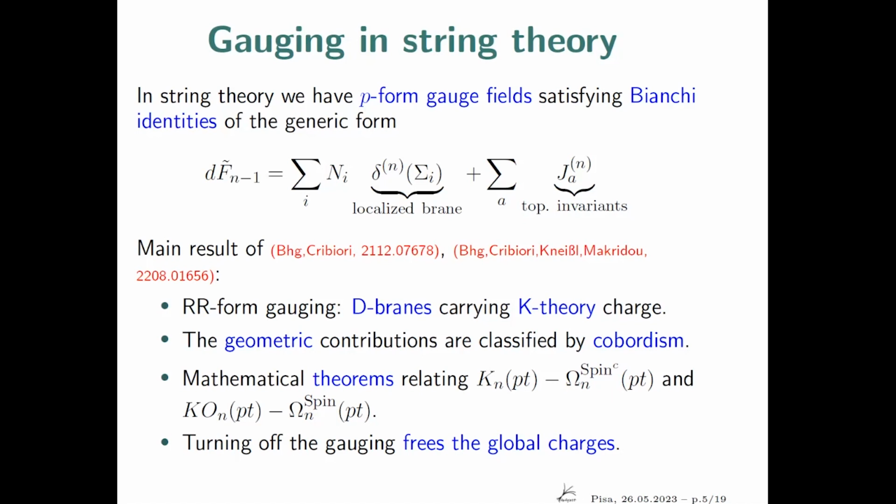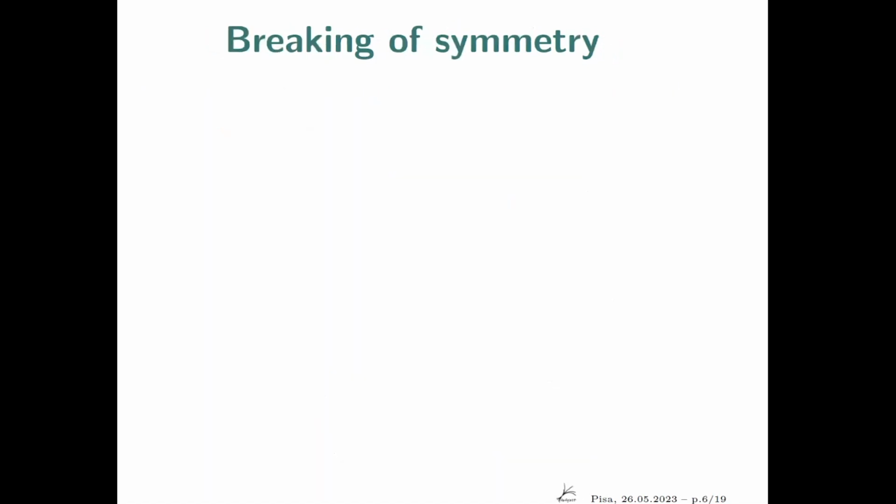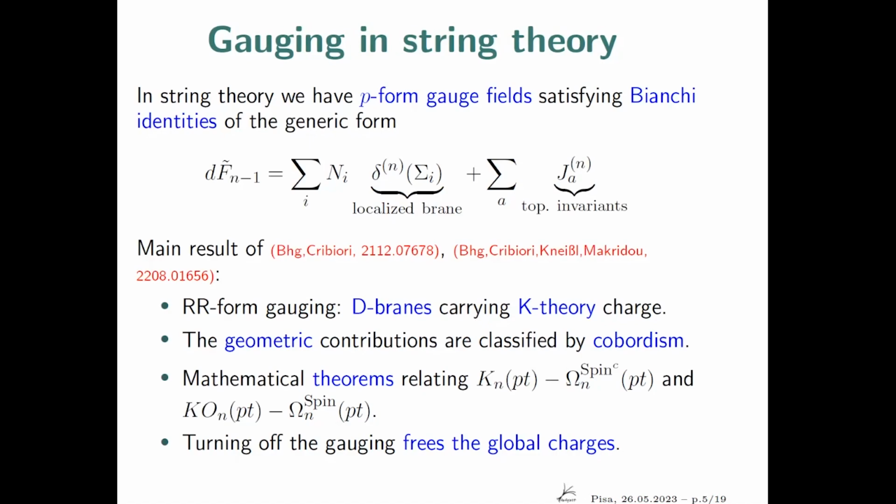And this is already what this means. So you can think of cobordisms. These topological invariants, these geometric ones, are sort of the generators of the cobordism groups. And the localized branes, we know that they are classified by K-theory. So in this gauging, for instance, you have already added a combination of cobordism invariants and K-theory groups. They talk to the same gauge field, so to say, by the introduction of the same gauge field.